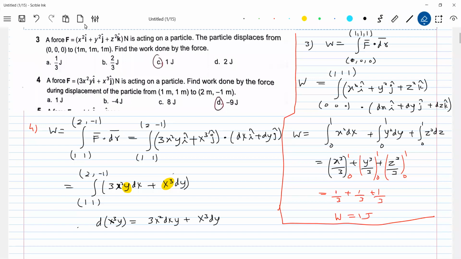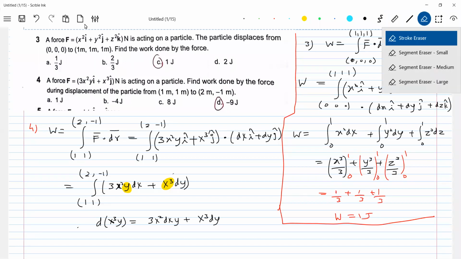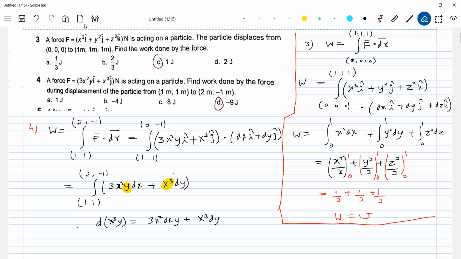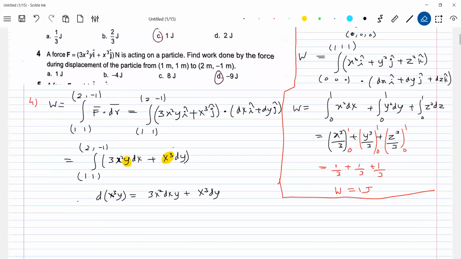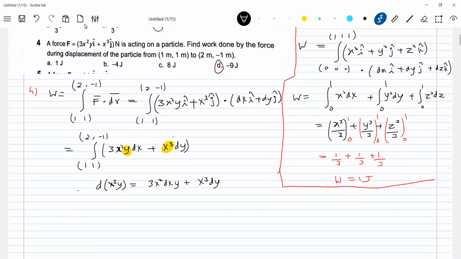Is it okay now? So what is this quantity? This bracket term I can replace with the derivative of x cube y. So the work done equals the integral from (1, 1) to (2, -1) of the derivative of x cube y. Everything I replaced with this particular quantity.